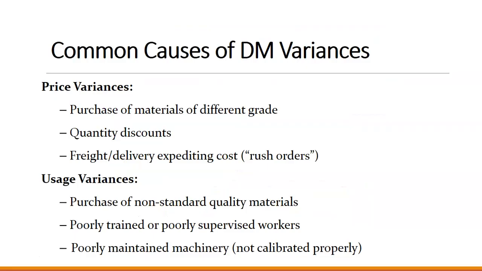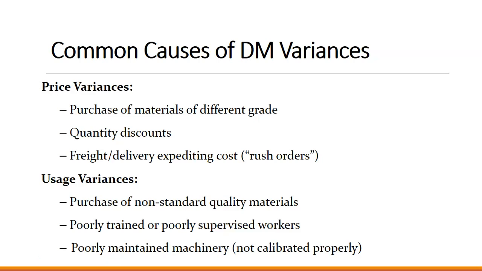So common causes of these variances, one, a price variance could be we just got a discount. It also could be that we bought lower quality products. We also might have had extra costs related to freight or delivery. Usage variances can be caused by, one, if we are using lower quality materials, we might have more scrap or rework.